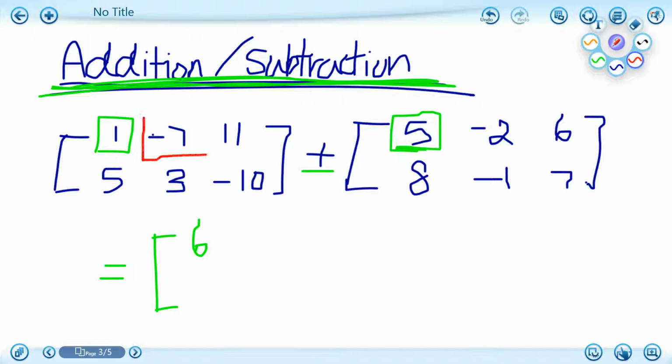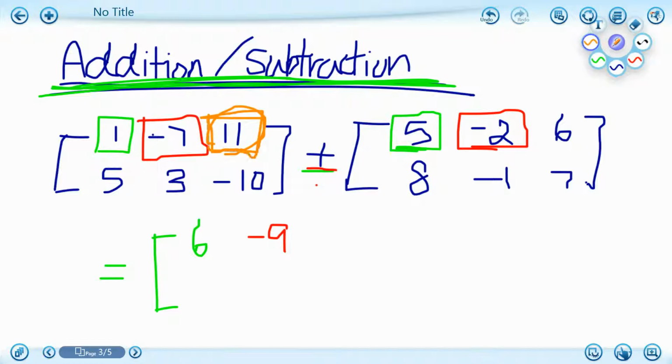Same thing, on the same place on the top row in the middle, -7 plus -2, which gives you -9. Once again, the same thing, 11 right here. Last one on the first row, add them together, so we're going to get 17. Now we're done with the top row.